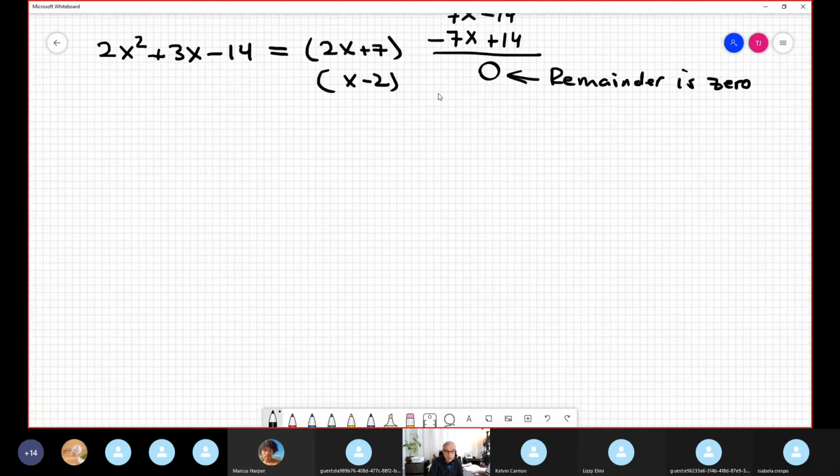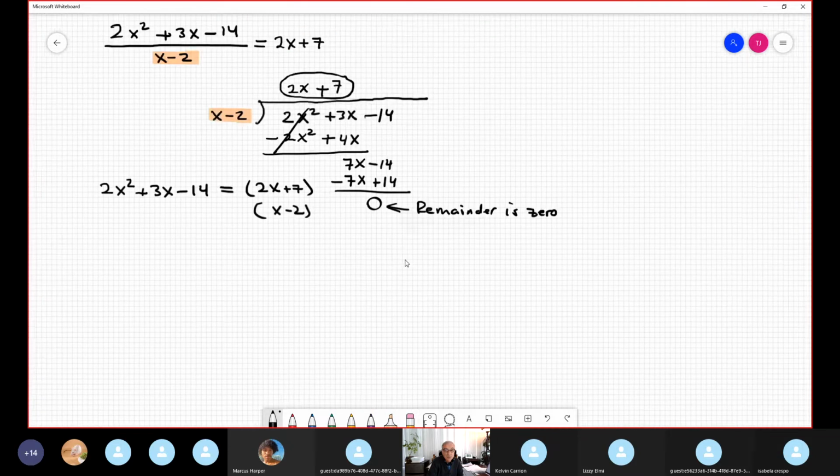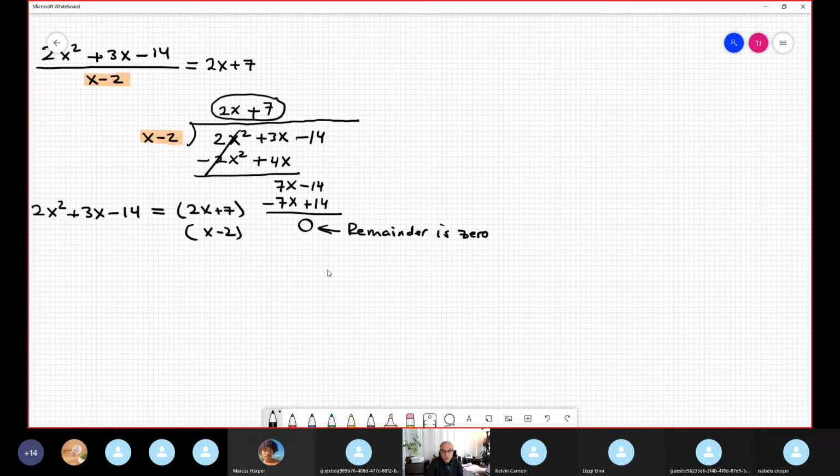Let me explain synthetic division. It's the same thing, but super, super easy. We come back again, but with synthetic division. You copy the same format, similar. Now, you copy only the coefficients: 2, 3, and negative 14.